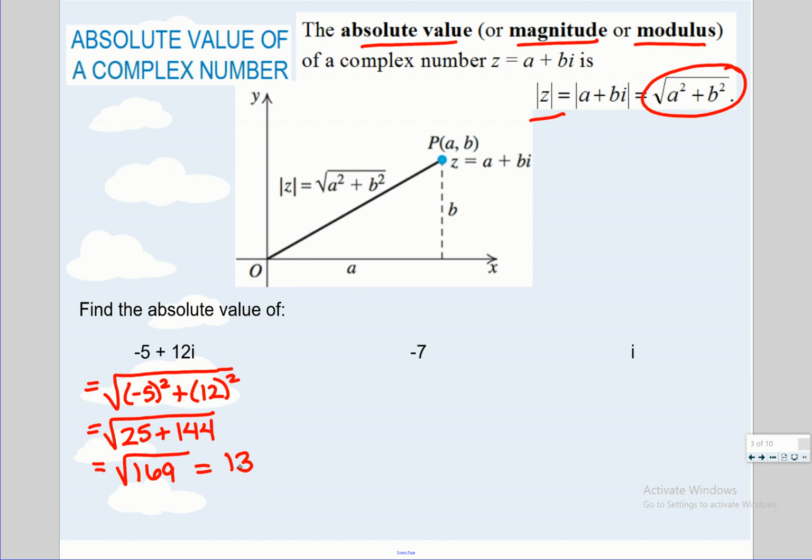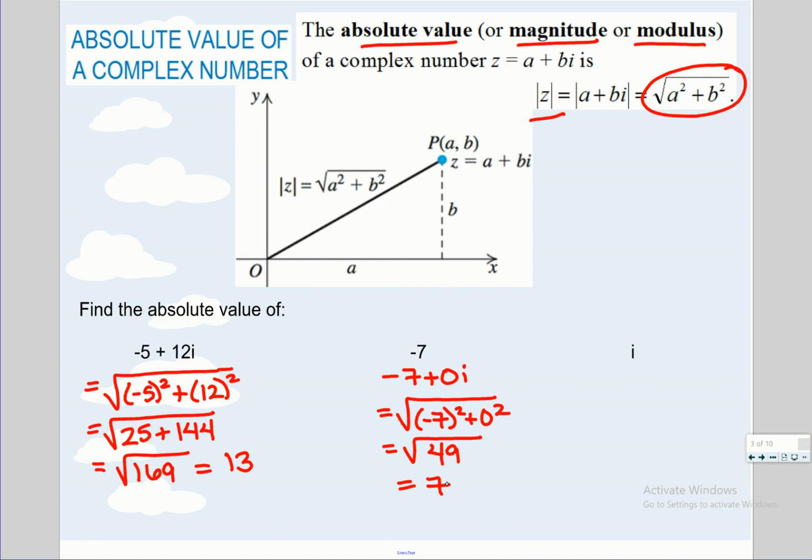Okay. Now this also works for just real numbers. If I see negative 7, you can think of that as negative 7 plus 0i if I write it in that complex form. So that would look like negative 7 squared plus 0 squared, which would be 49. And then the square root of 49 gives me 7, which we know the absolute value of negative 7 is 7, but you can see that this formula works for any type of number now, not just our real numbers, okay?